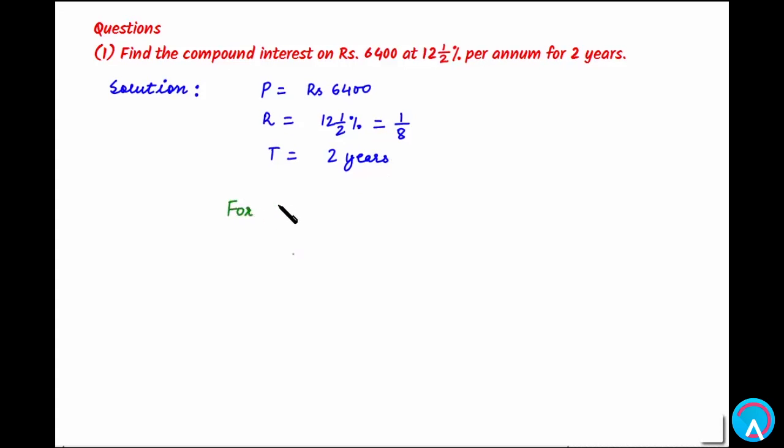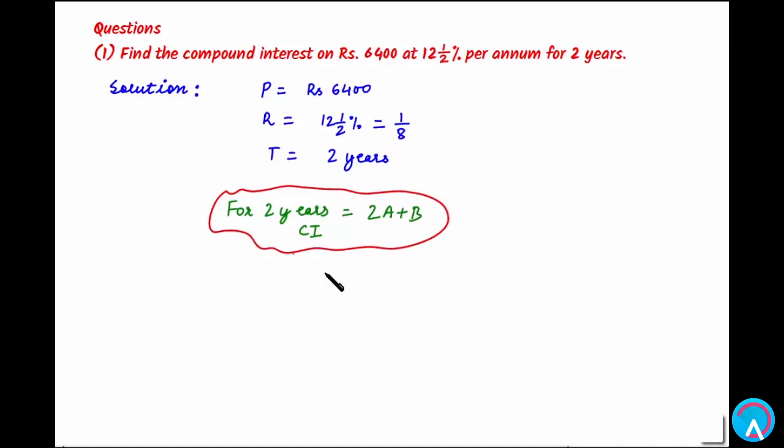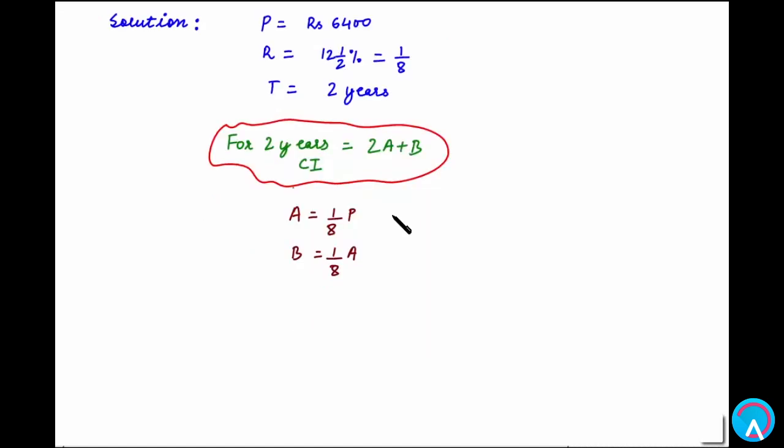For 2 years, compound interest will be given by the formula 2A plus B. So this formula is used when the time is 2 years. And here A will be equal to 1/8 of P and B is equal to 1/8 of A. This implies A is equal to 1/8 of 6,400.